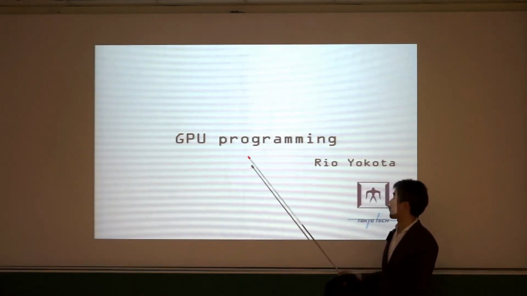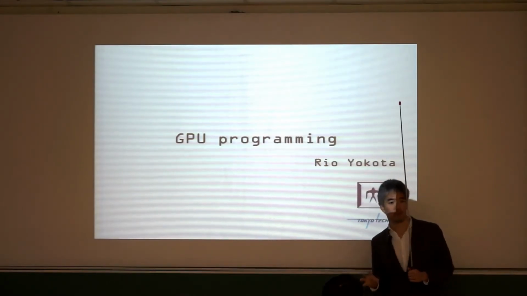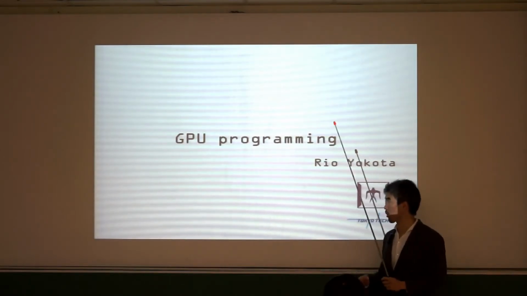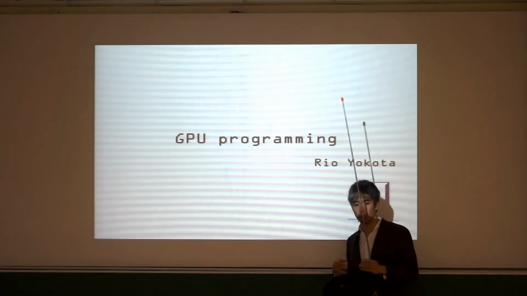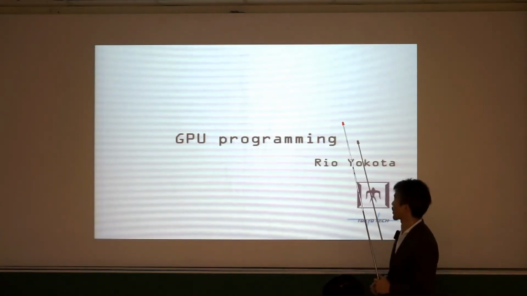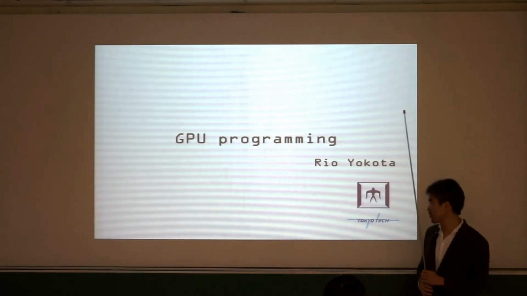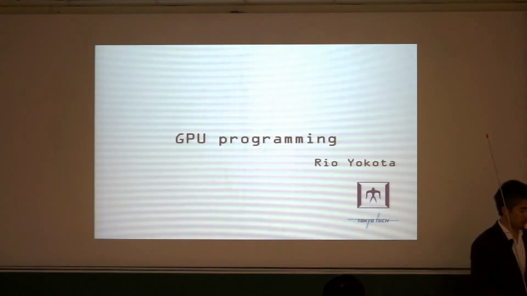But it's very difficult to program your code so that it uses 1,000 cores. This is the underlying difficulty in GPU programming: to exhaust so many cores. It's not just that you have to write in a new language, but that you have to change your algorithm so that it actually uses 1,000 cores.